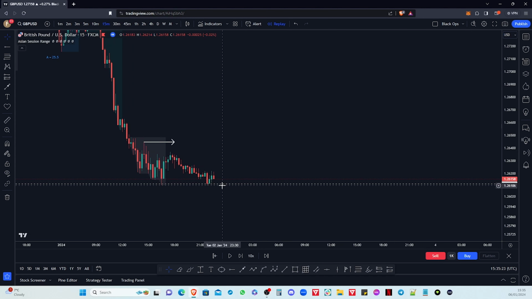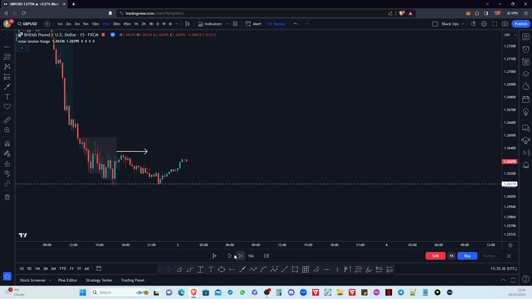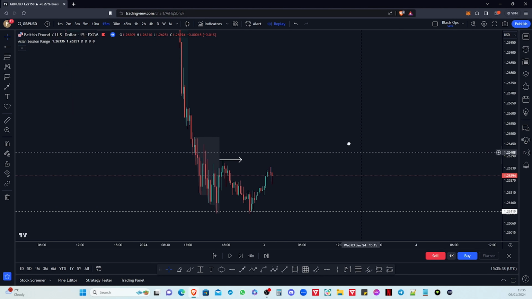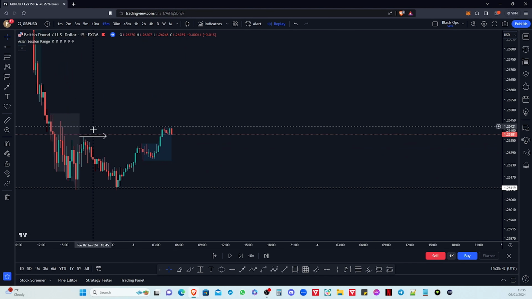Is that lower? This is lower. So now that this is lower, it's actually this high that we need broken. Once this high gets broken, because this high led to a lower low, we want a break of structure or a market structure shift, whatever you want to call it. Same thing really. Let me just play it. There we go, now we've got that break.